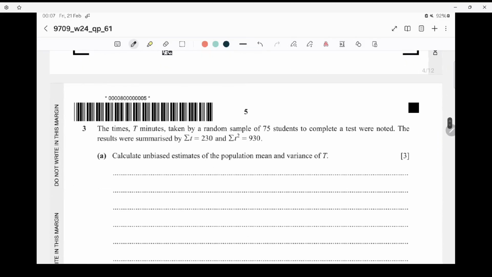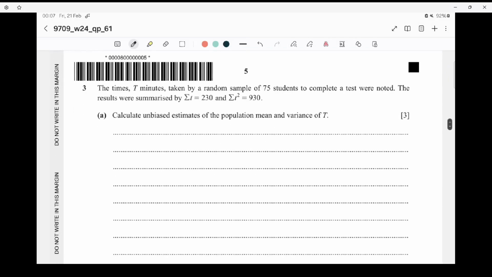Question 3. Times taken by a random sample of 75 students to complete a test were noted. You have the sum of t and the sum of t squared. Calculate the unbiased estimate of the population mean. So the population mean would be just the sum of t divided by 75, so 230 divided by 75.